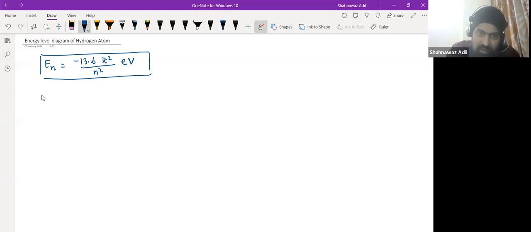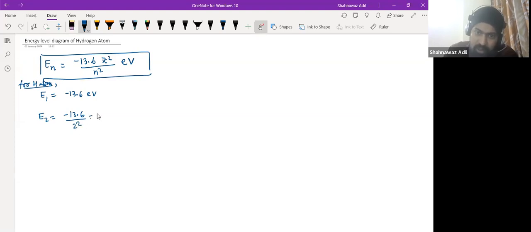So let's say we calculate the energy of the first orbit, and remember we are calculating for the hydrogen atom. So for hydrogen atom, E1 would be minus 13.6 electron volt. What would be E2? E2 would be minus 13.6 divided by 2 square.